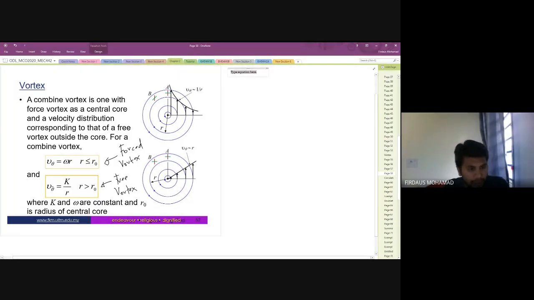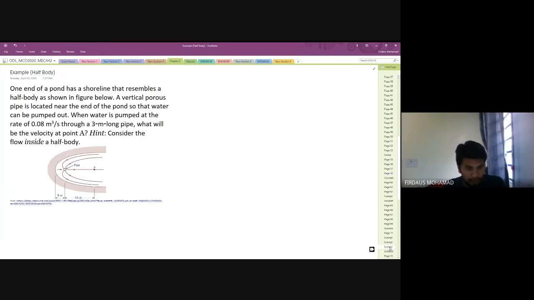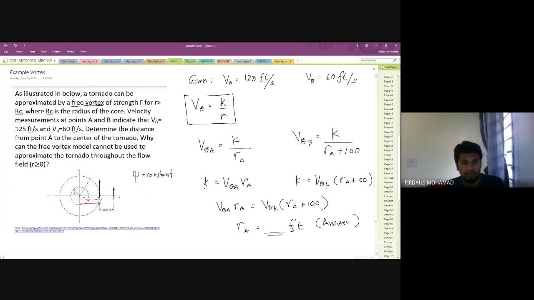So tangential velocity v theta equals k over r, where k is constant. And for the relation v tangential equals omega r, this is for the forced vortex. In this case, it is within the core of this tornado, so we can define it based on the forced vortex.